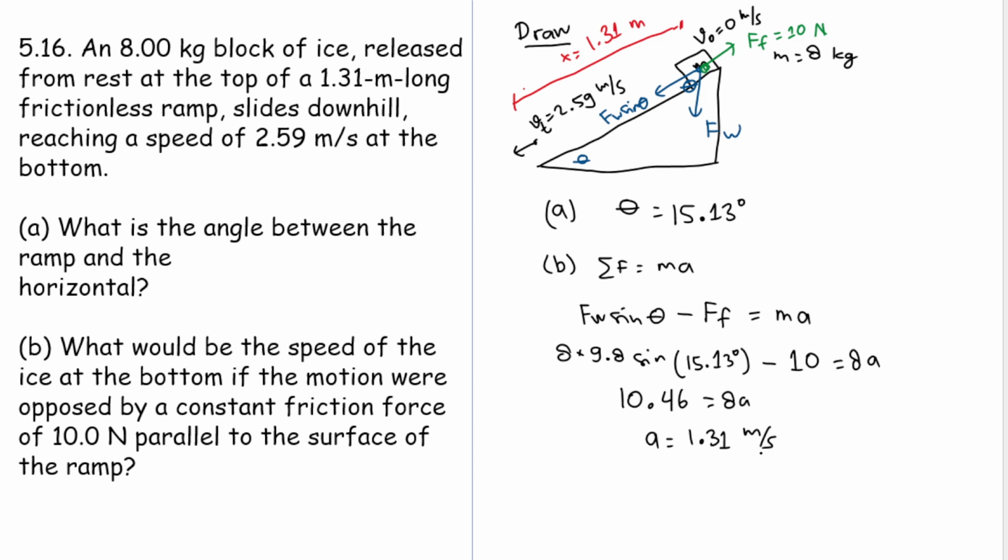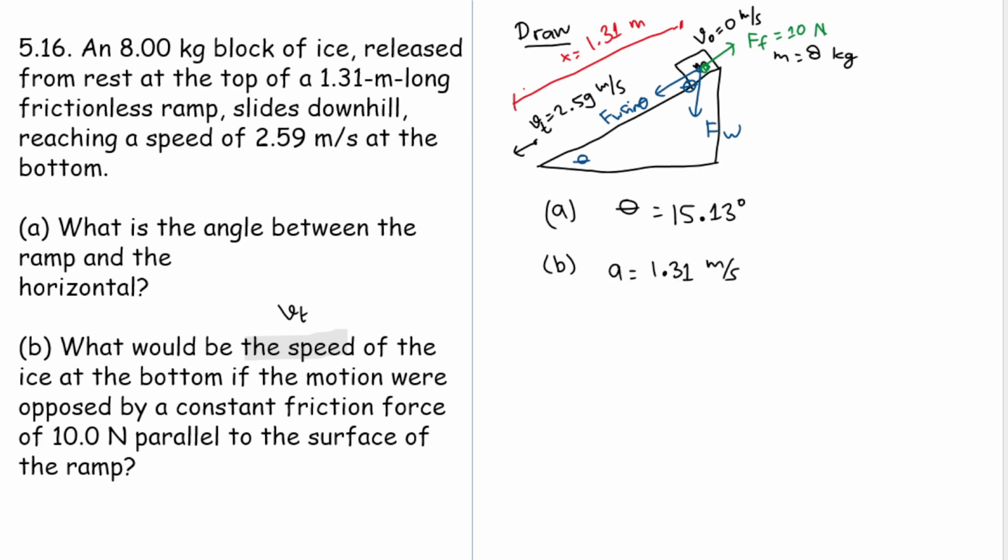Good, but that is not what the question is asking. We are asking for the speed Vt, so we need to do kinematics here. Vt squared equals Vo squared plus 2ax.